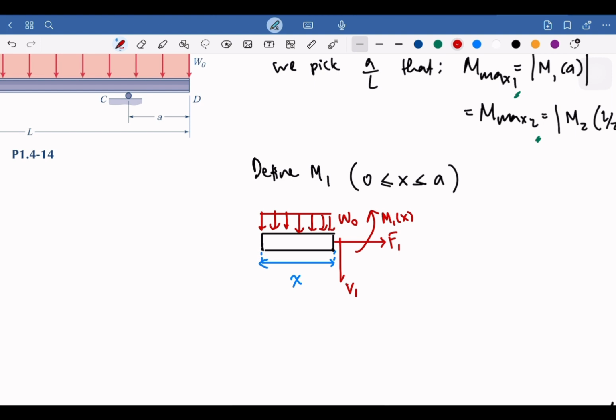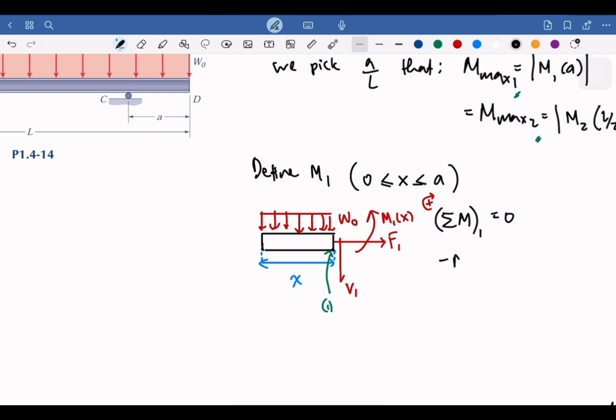Now, based on what we have here, we can take the sigma M with respect to point 1. Let's say point 1 is on the endpoint here, at the X distance. This is equilibrium, equal to 0. Suppose that we have positive directions.